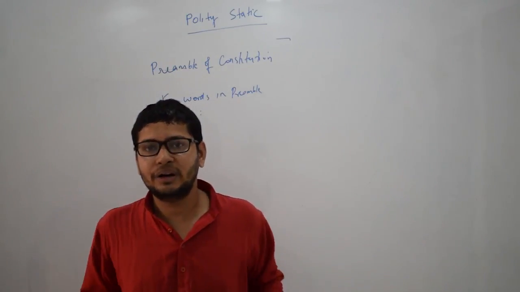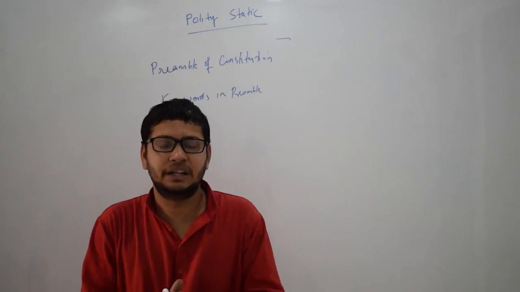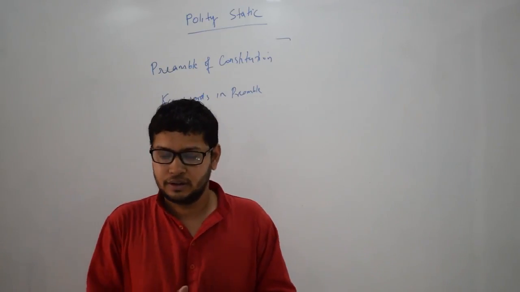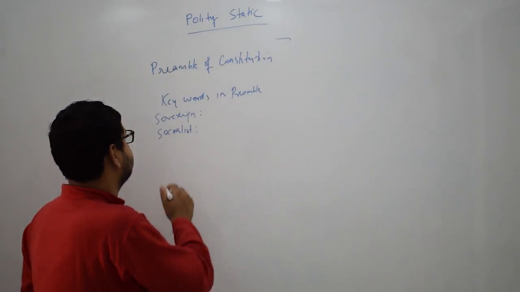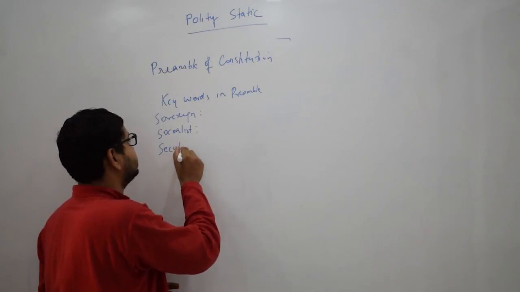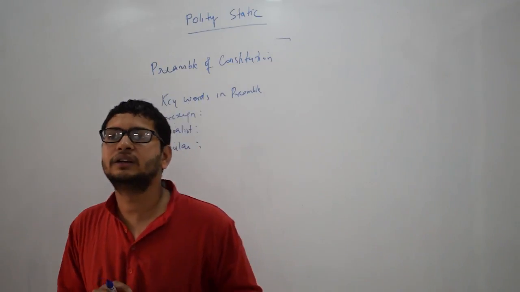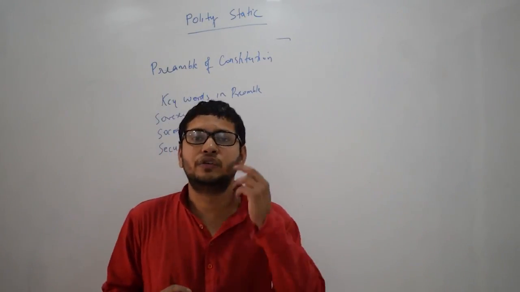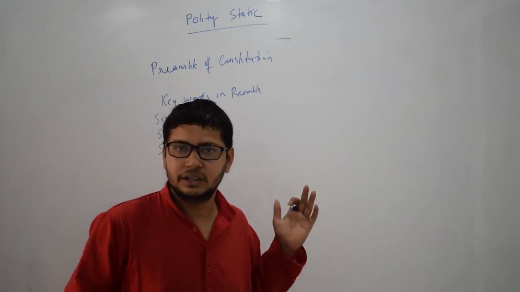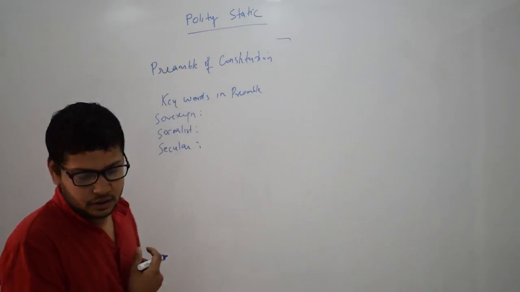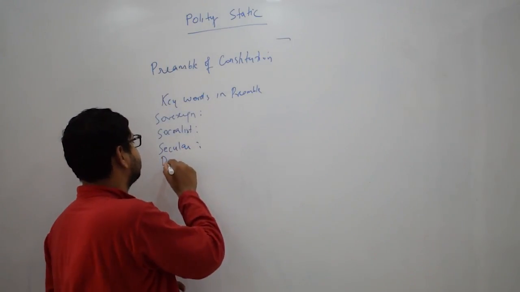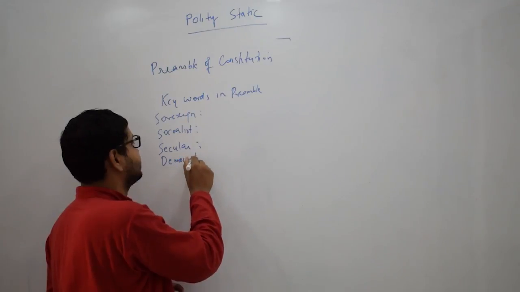So it's a vague word and it could be interpreted as you want. Third is secular, which again is self-explanatory: a state where you don't have any official religion is a secular country. Fourth is democratic. This again is self-explanatory.